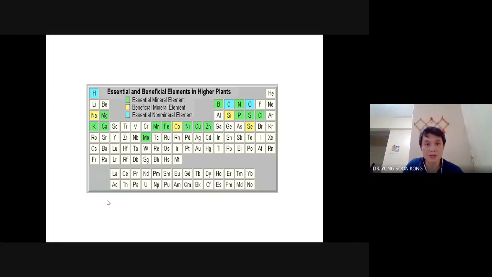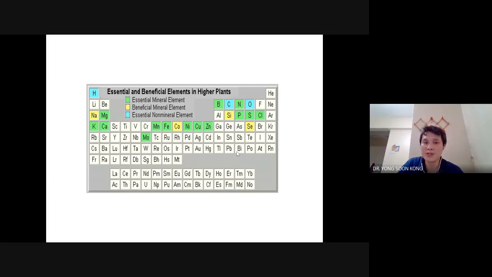As you can see right there, the beneficial elements. Some are essential, some are non-essential. Non-essential usually referred to as toxic non-essential elements. However, let me remind you, even though the so-called essential elements are listed right here, it doesn't mean that they cannot be toxic. There's one way they can be toxic: if their concentration is too high.